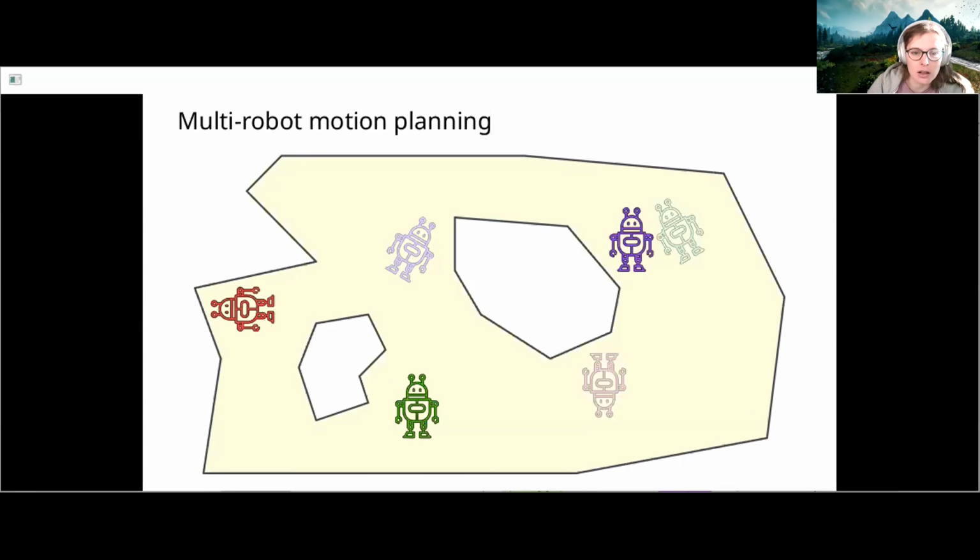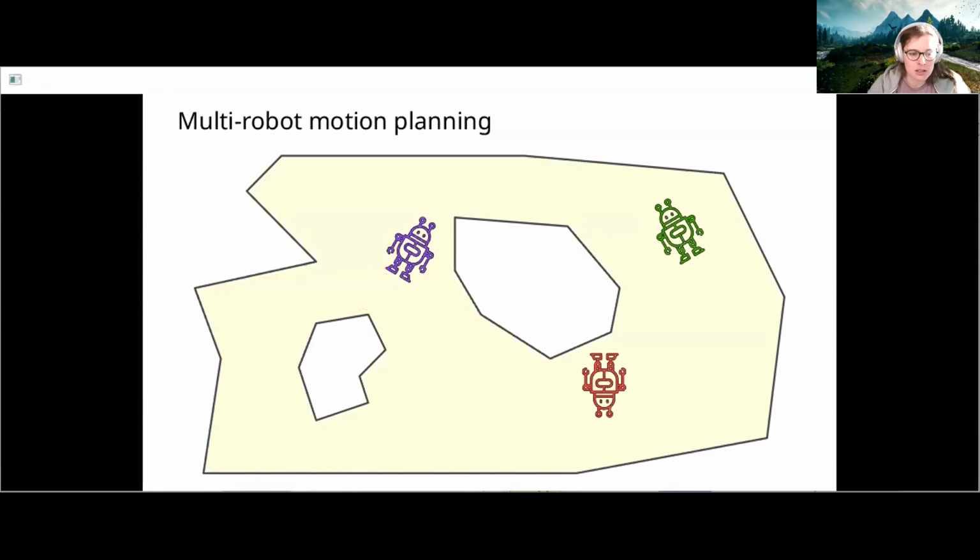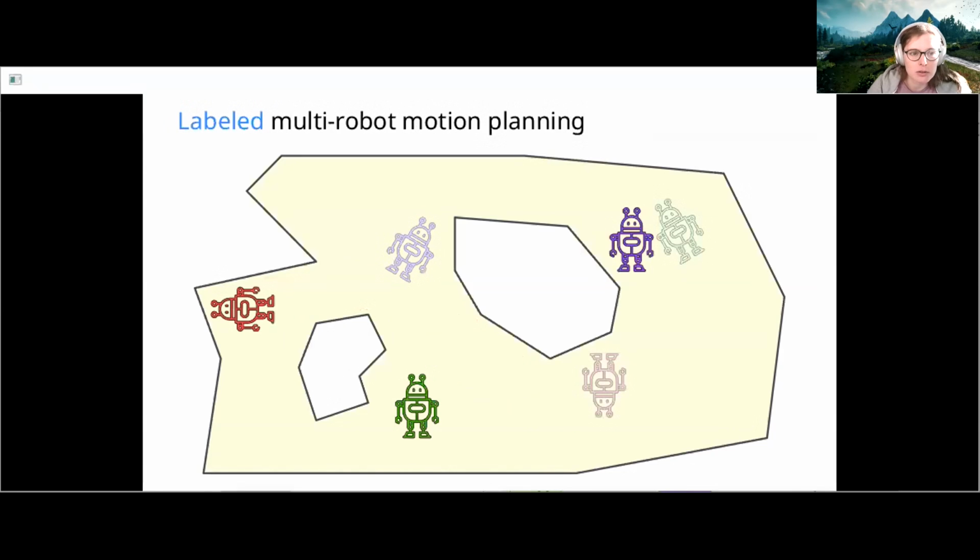A valid solution here would be for the purple robot first to move to the target position, then maybe the green one, and the last one is the red one. We're being careful here so that the robots don't intersect the boundary of the domain and also each other.